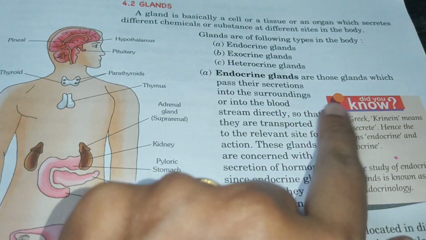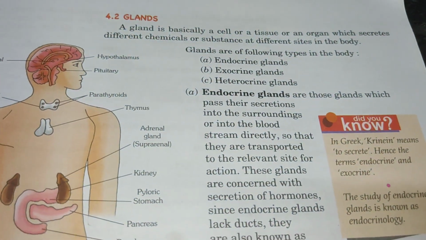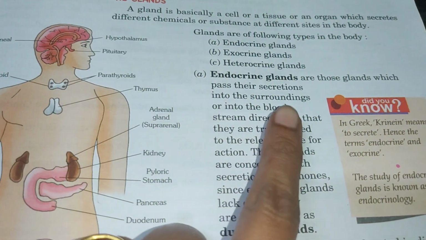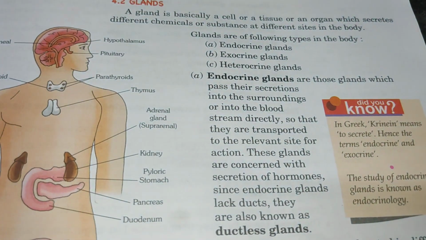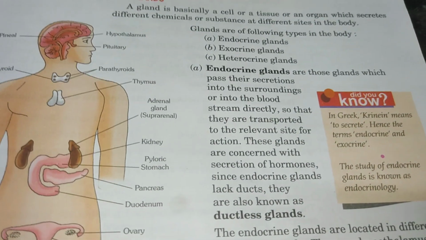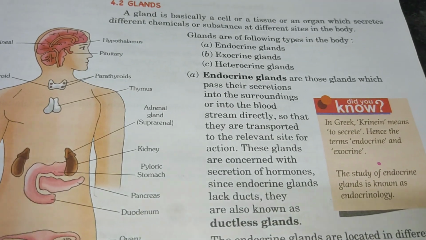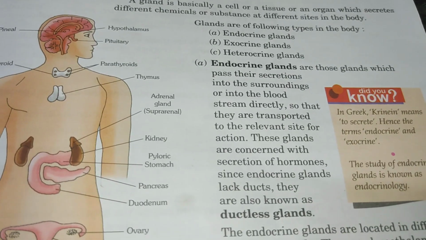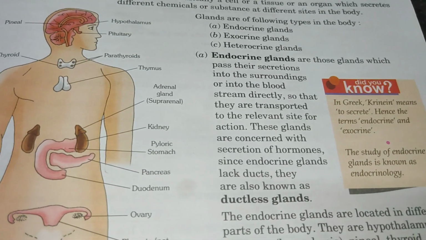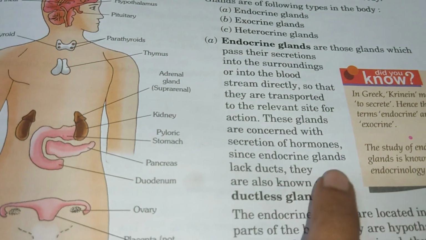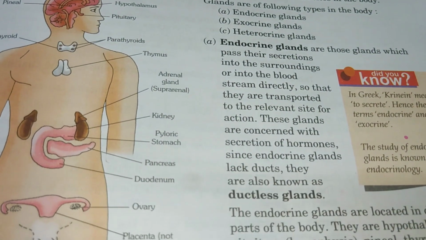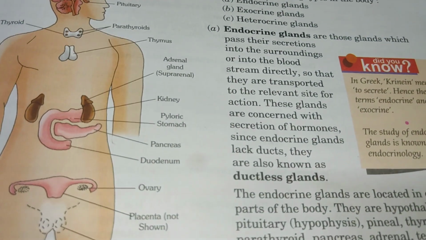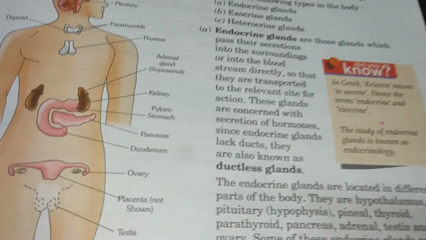Endocrine glands pass their secretion directly into the bloodstream, and the chemicals are transported to the place where they are needed. These are concerned with the secretion of hormones. Since endocrine glands lack ducts, they are also called ductless glands.